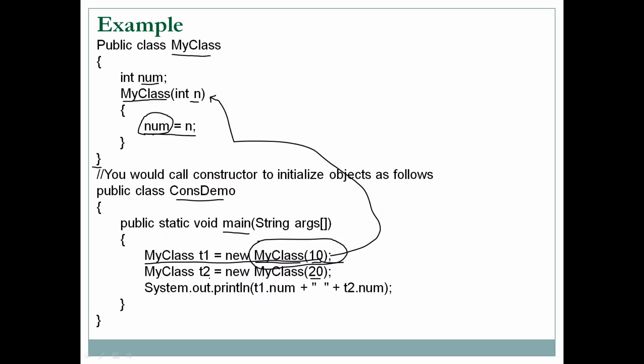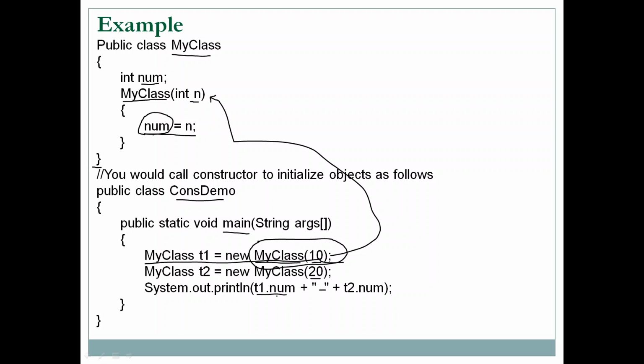It means t1 and t2 both have separate variables num, and when you print here, System.out.println t1.num, then plus we are concatenating some space in between, then again we have concatenated t2.num.